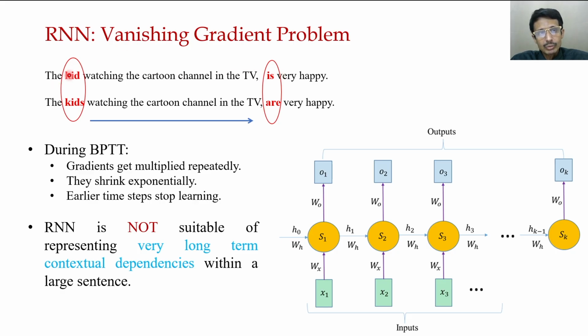So this contextual dependency cannot be well modeled by the naive RNN due to the vanishing gradient problem. That is the major issue of simple RNN. And here we are going to understand how this problem is solved with LSTM.